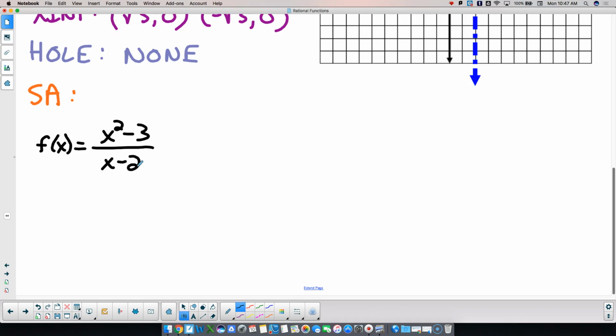Yes, 1x minus 2, so I can use synthetic division. In synthetic division, I take what I'm dividing, I set it equal to 0, and I solve. Then the solution there, I put into my function.